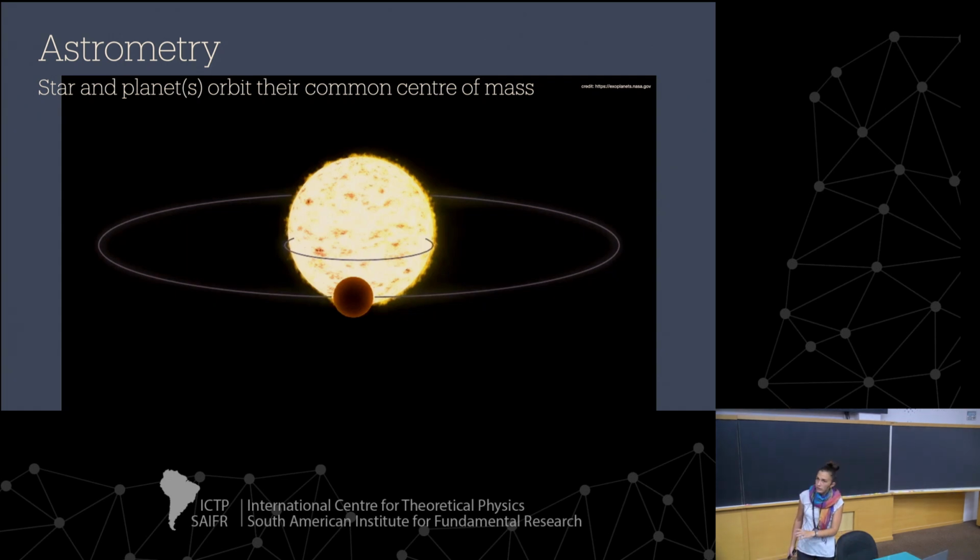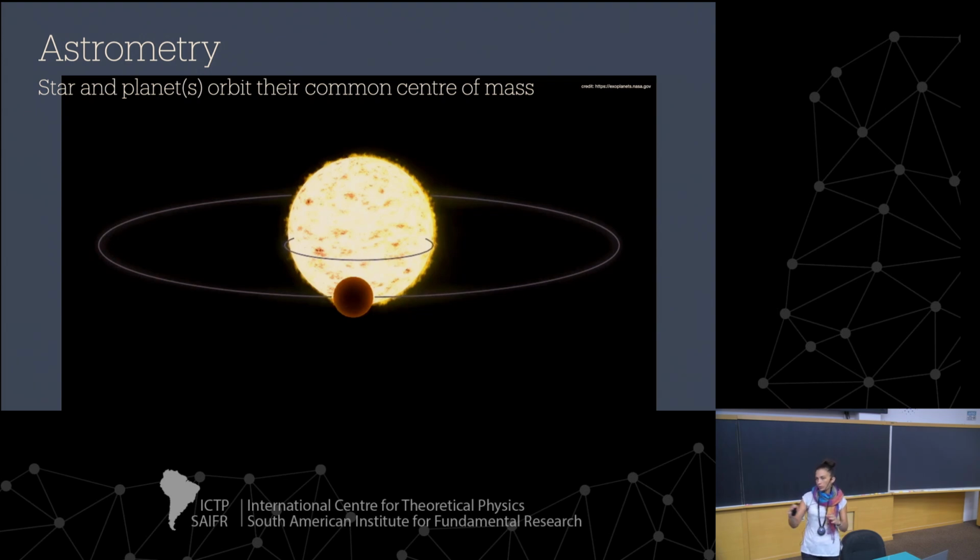With the transit method itself, you just know the radius, okay? Then you combine it with the radial velocity method, and the two of them together give you mass and radius. I like your question, because ideally you would say, okay, fine, I found a mass that is below 13 Jupiter masses, so this is an exoplanet.